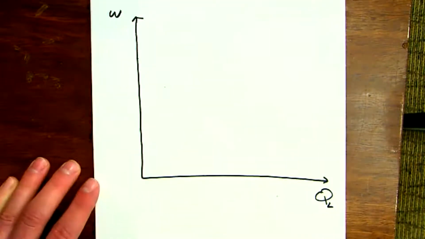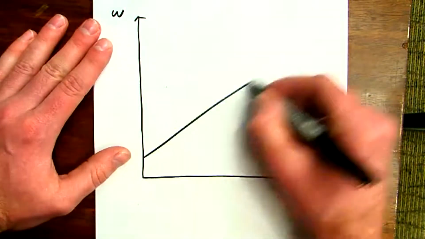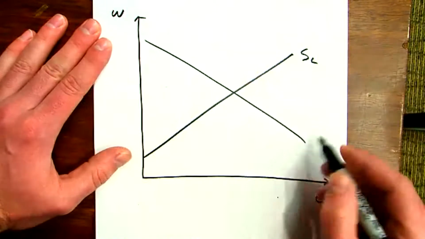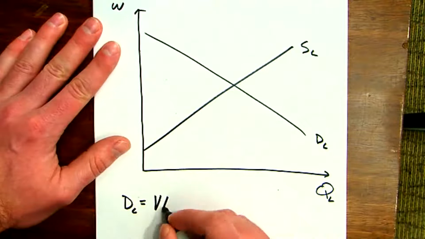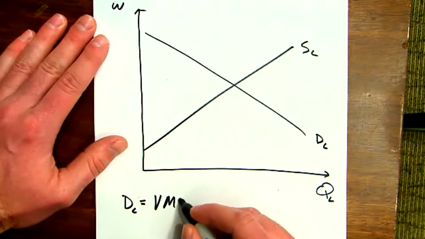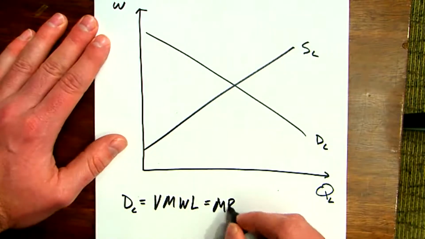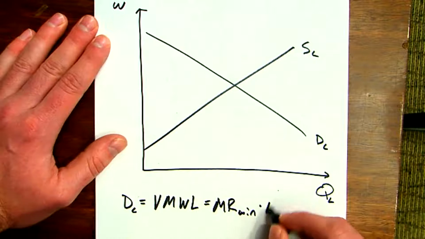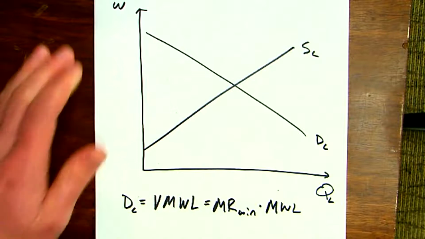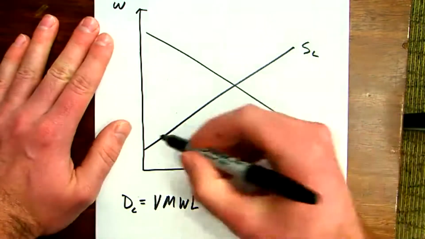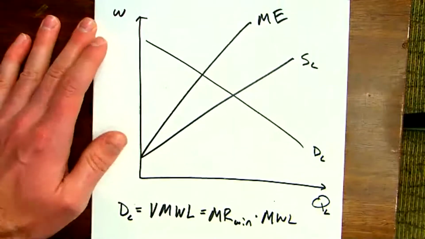Okay, so we've got the quantity of labor, and we've got our wages on the y-axis. Right? So the setup was we've got some supply curve for labor, some demand curve, which we now know is just the value of the marginal product of labor, the value of the additional wins the player was adding, which was the marginal revenue per win times the number of additional wins that player brought in. So with monopsony power, what we said was we have a twice as steep marginal expenditure curve.